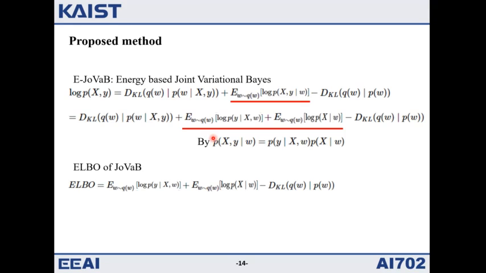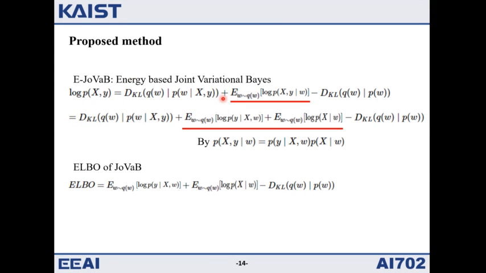Proposed method. It is a modified formulation of conventional variational inference. In the conventional formulation, log p(y given x) is employed to expand variational inference, but in this term project, we develop the joint variational Bayes as in this equation.